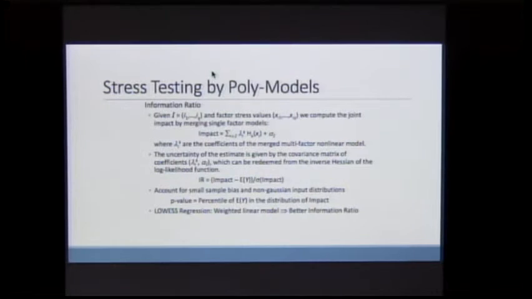If you have several factors, you can merge them, using the previous relation between single factor models and multi-factors. You probably increase the uncertainty. In some cases, because you get a better explanation, you increase the impact, and you get a different information ratio. Altogether, you try to pick either the single factor or the small combination of factors that have the best information ratio, and you call that the prediction.